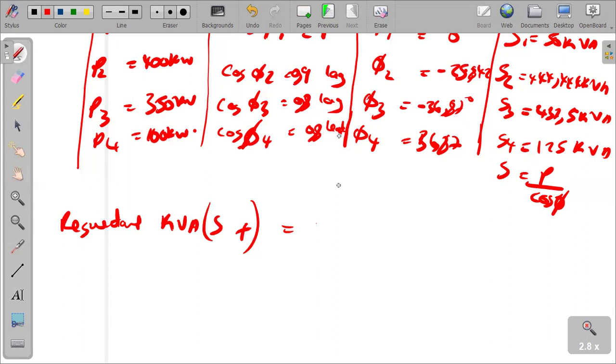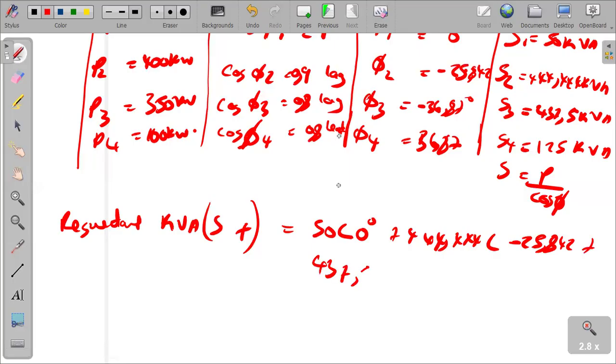So it's 50 angle of 0 plus 444.444 angle of negative 25.842 plus 437.5 angle of negative 36.87 plus 125 angle of 36.87.